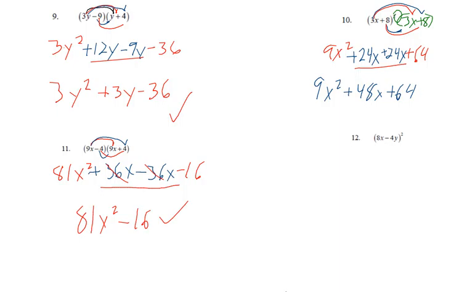Again, there's a little exponent 2 for number 12, and again, that means write twice. And let's FOIL. So 8x times 8x is 64x². 8x times negative 4y is negative 32xy. Then negative 4y times 8x is negative 32xy.